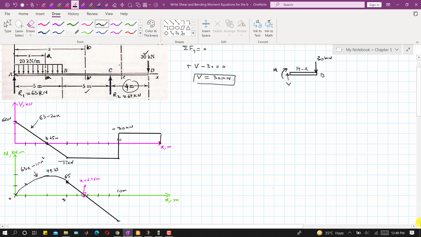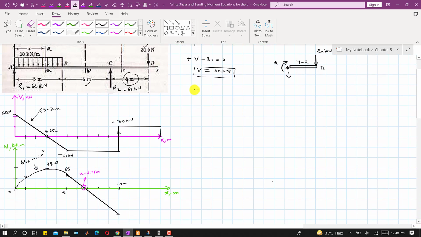Similarly, if we apply the summation of moment about point D equals to 0, as we can see this is the positive convention, so I will write plus M, and V is producing the positive moment as well, so I will write plus V. V magnitude is 30 and the perpendicular distance of this V from that point D is 14 minus x.